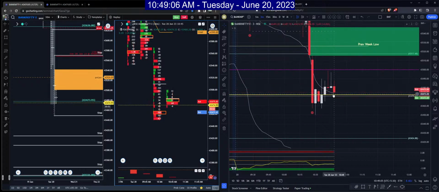You see there is a buyer at VWAP. So I am expecting responsive buying at this level, and the reason is we have a trapped short.